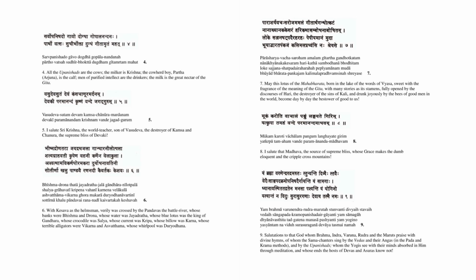But Krishna is a single person, so the visheshana of Krishna is Kamsa Chanura Mardanam, the person who killed Kamsa and Chanura.